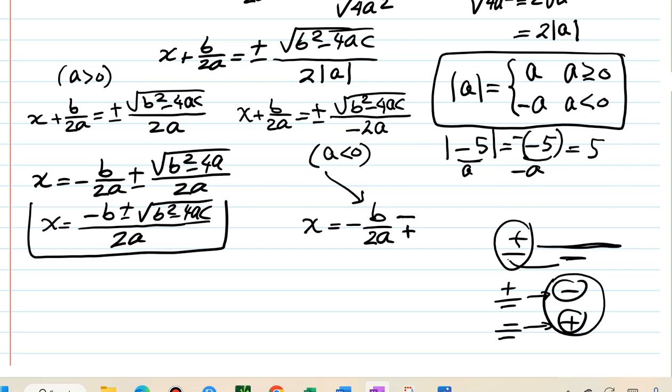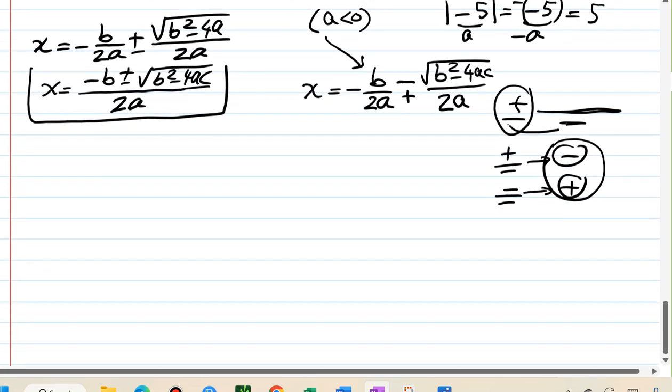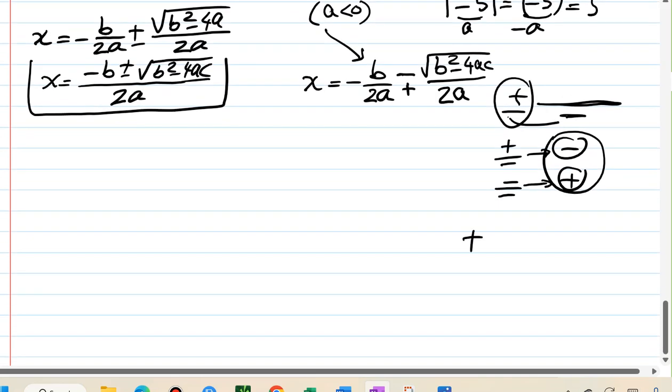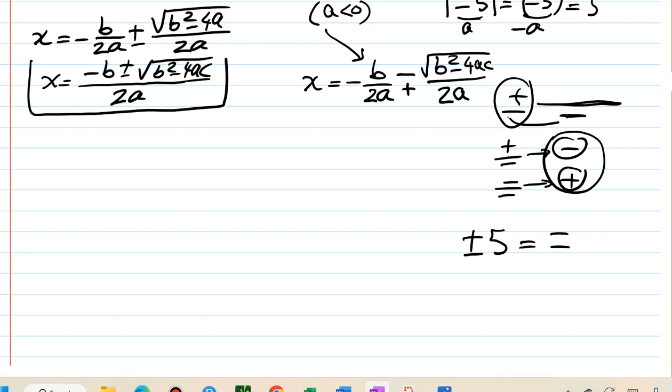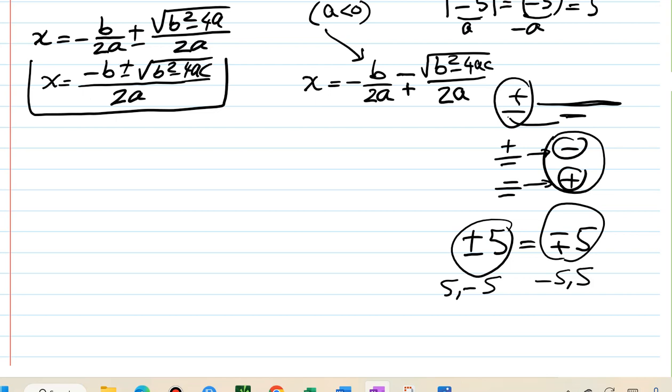But then minus plus, it's really the same thing as the other one, right? Let me show you what I mean. Let's say I have plus or minus 5. Isn't that the same as minus plus 5? Plus minus 5 means 5, negative 5. Negative 5 plus 5 means negative 5 and 5 also.